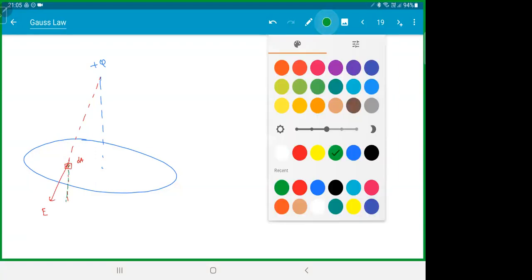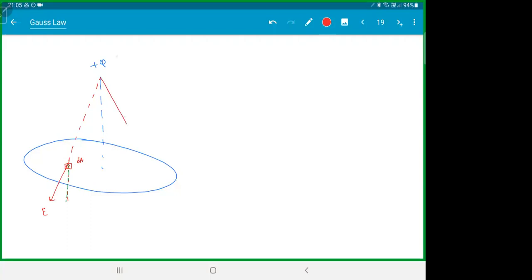Now by symmetry, if you observe, the electric field is this way. Which components will cancel out? The E dq sine theta, that is a force component.